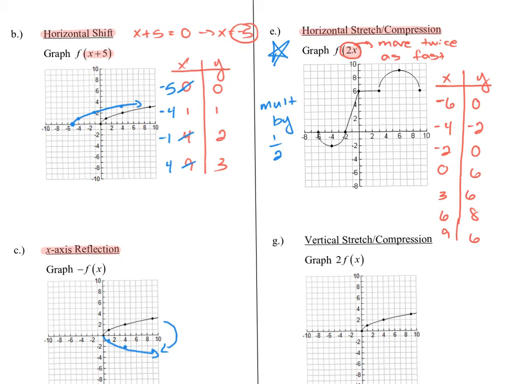So if I take -6 and multiply it by 1/2, I'm going to get a -3. And my -4 times 1/2 is going to give me a -2, a -1, a 0 still. I'm going to write this as a 1.5 for my graphing purposes. 6 divided by 2 is going to give me a 3 and a 4.5. So I can start plotting these points. The y values are going to stay the same.